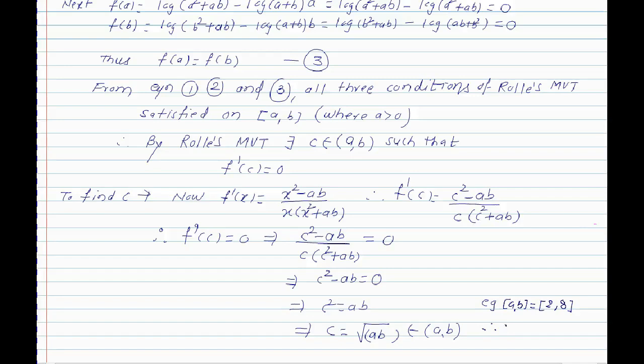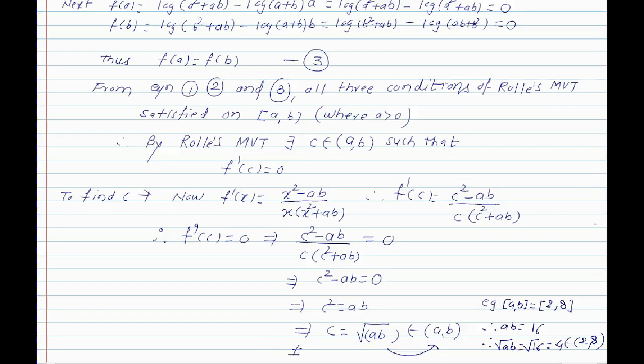Therefore a into b is 16, and under root a into b is under root 16, and under root 16 is 4. This is a number in the open interval 2 to 8. So c equal to under root a into b belongs to this open interval.